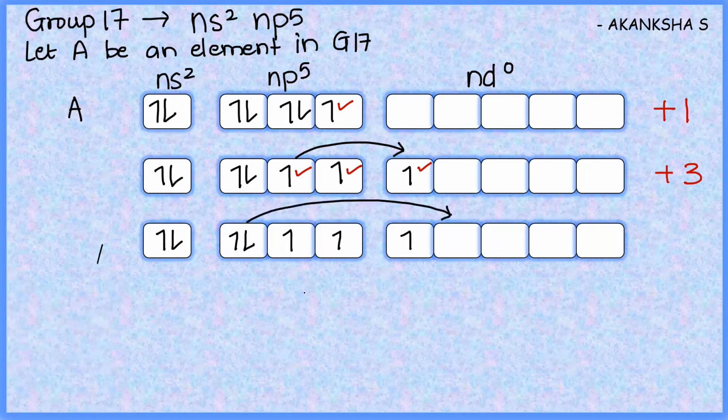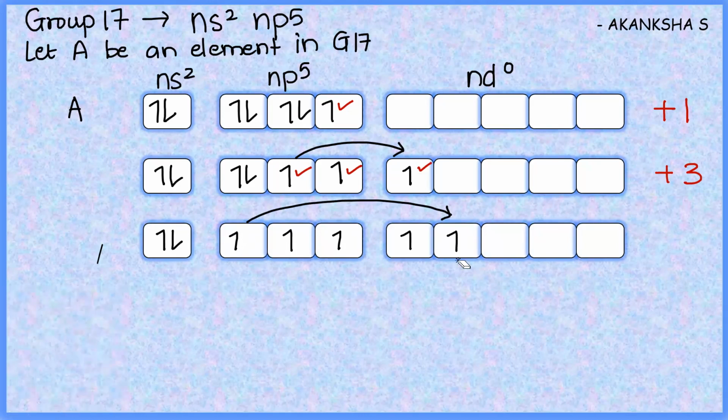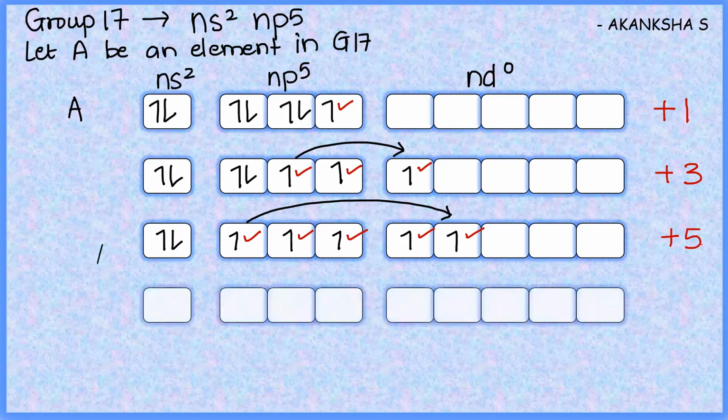Another unpairment. What happens? From here, it has moved to there. So how many unpaired? 1, 2, 3, 4, 5. So what is the oxidation state? +5. Any more paired electrons? Yes, we do.